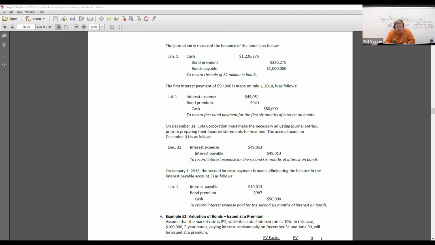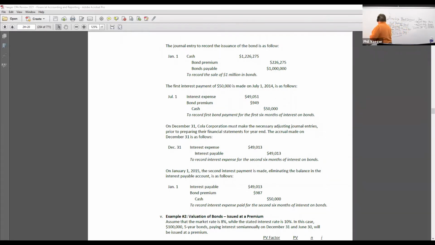You with me? Now, I'm going to debit the amortization of the bond premium on that December 31st, which is actually the January 1st next-day payment. How much is the amortization of the premium? 987.